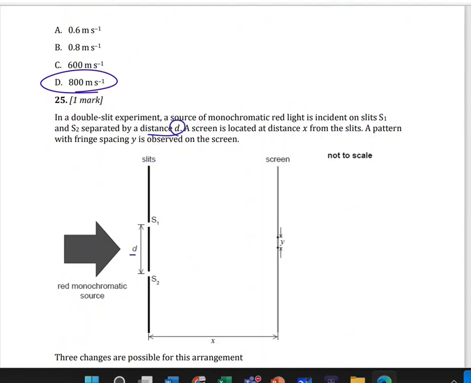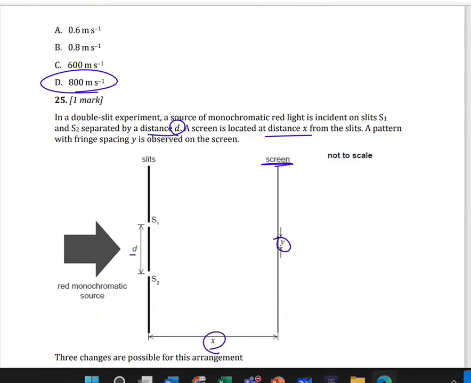And the screen is located at distance x from the slits. Here we have a pattern with fringe spacing y between them. So y is the distance between the central maximum of the bright fringes and the first bright fringe, or between two maxima.